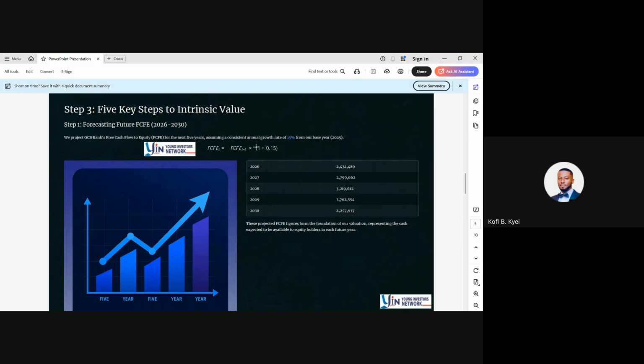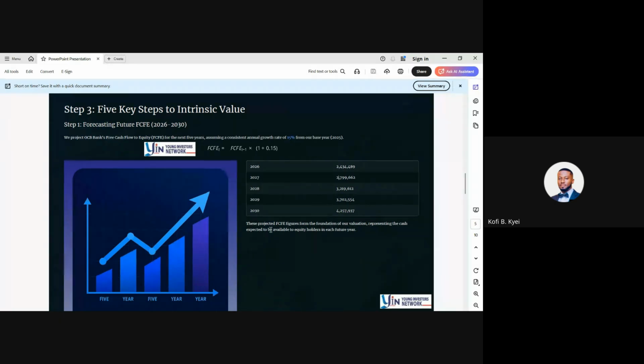Then you multiply it by 1 plus 0.15. When you do that, you get the next year's figure. So if you apply it to 2434489, now you get 2799662. Then when you apply it to 2799662, you get 3219. So that is the formula for the forecasting. You apply it through to 2030.